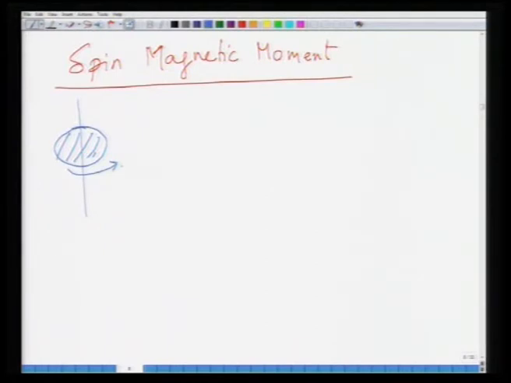Essentially, the ratio of spin magnetic moment to angular momentum is minus e by m.